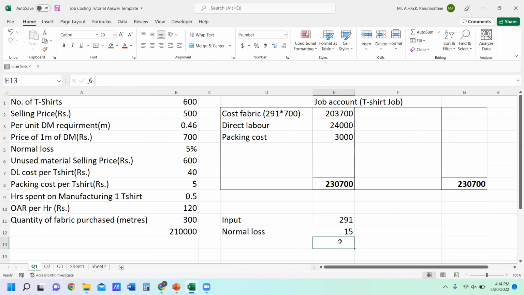Then the units to be used for the output will be this minus this. Then we got our target. We can effectively use 276 units to produce the t-shirts.